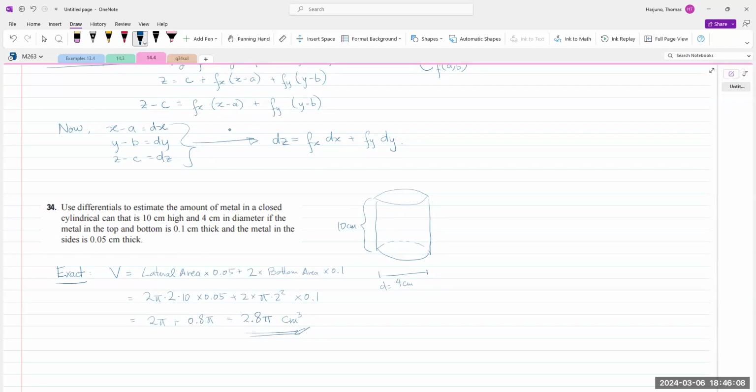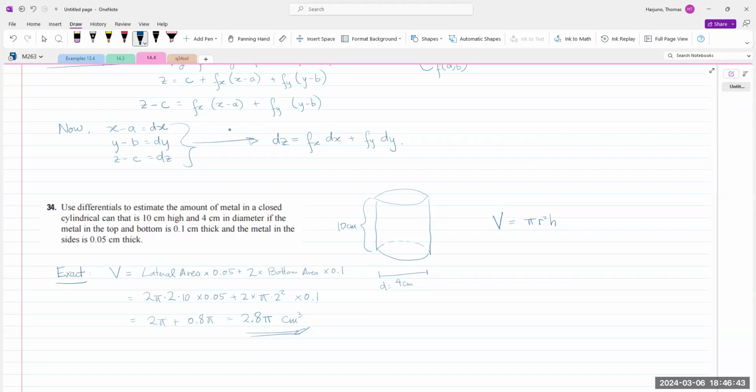Okay, now another way to look at that is as follows. Suppose we look at the volume of that cylindrical can, which is pi r squared h, right? Okay, and then if we consider the change of the thickness as the change of the radius and the change of the height, then basically we get the change of the volume, right?